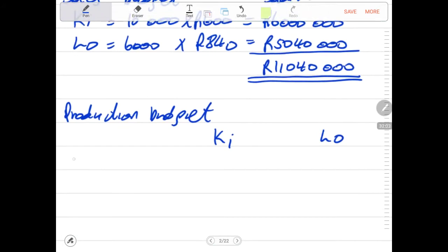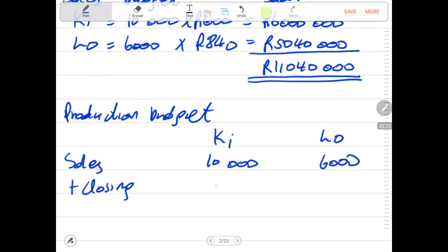Then we start with our expected sales, and our expected sales, it is 10,000. Please just memorize the formulas, guys. For me, they are already in my head. 10,000 and 6,000. We always say plus closing inventory. Remember, we are referring to closing inventory of finished goods, not closing inventory of raw material.